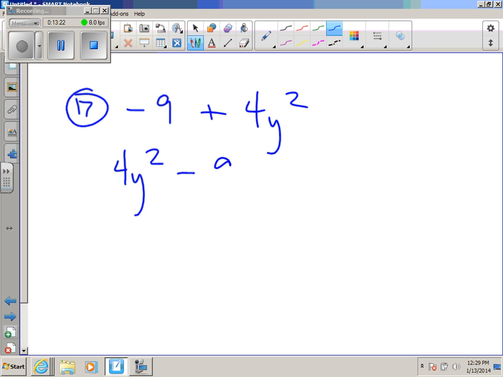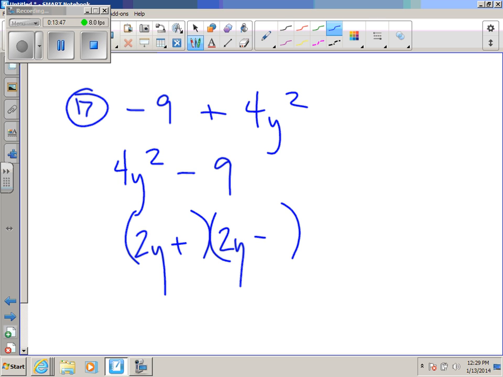4y squared minus 9. And the first thing I still want to check is for a GCF. Between a 4 and a 9, nothing. No variables because they both don't have variables. So let's set up for difference of squares. 4 is the square of 2. Y squared is the square of y.